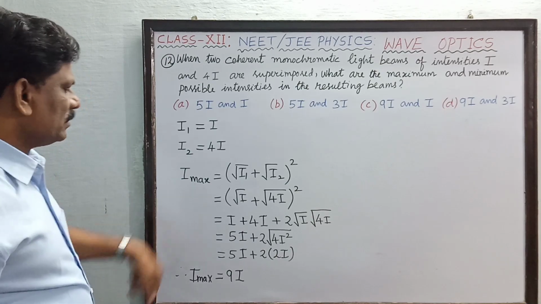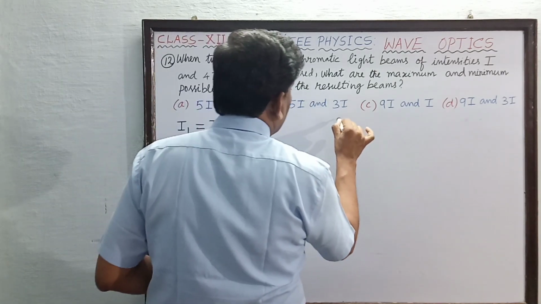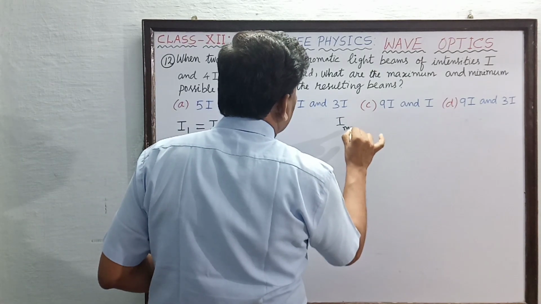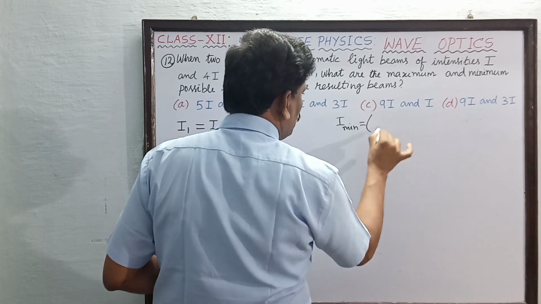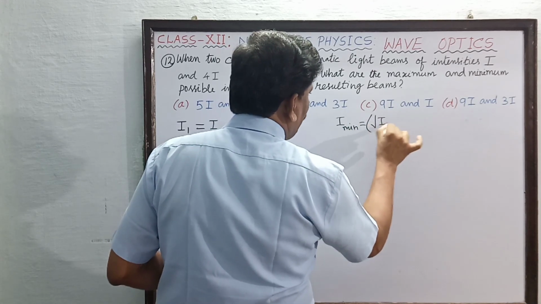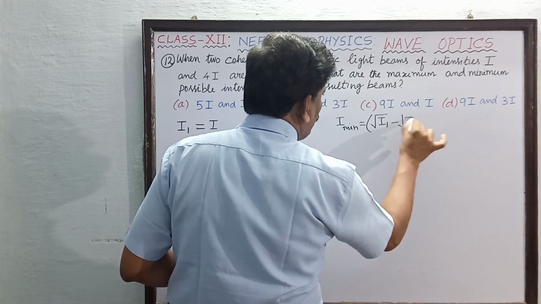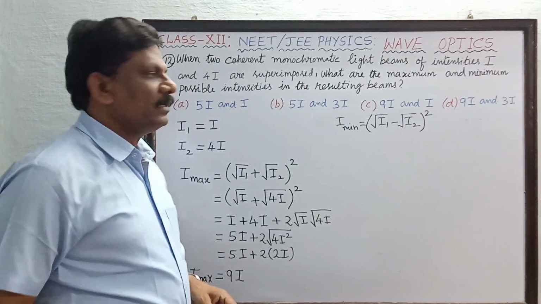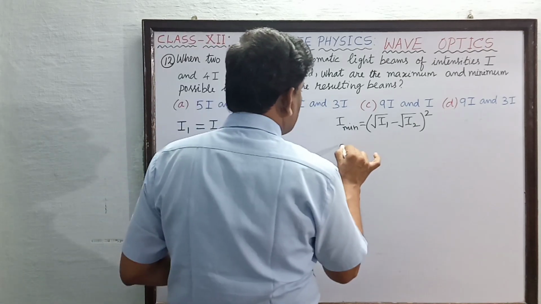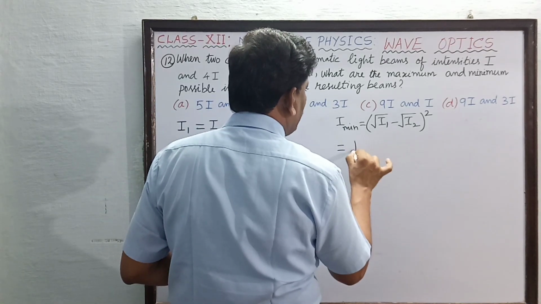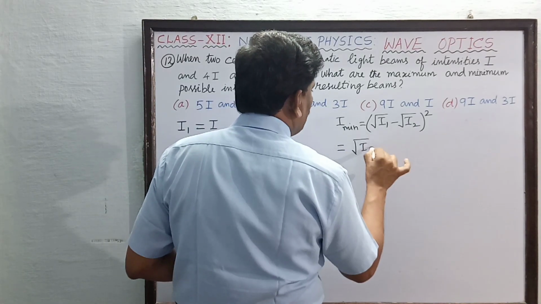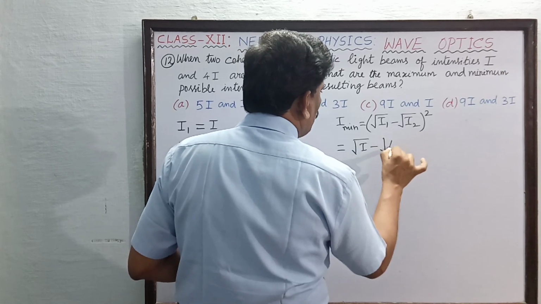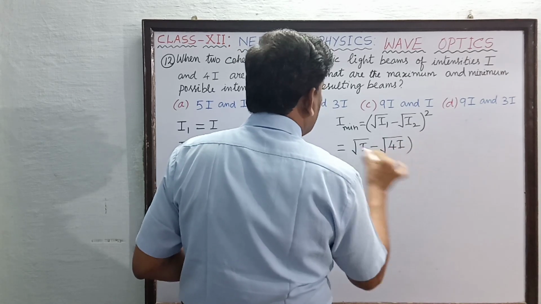Similarly, I minimum is equal to square root of I1 minus square root of I2, the whole square. So substituting, this is equal to square root of I minus square root of 4I, the whole square.